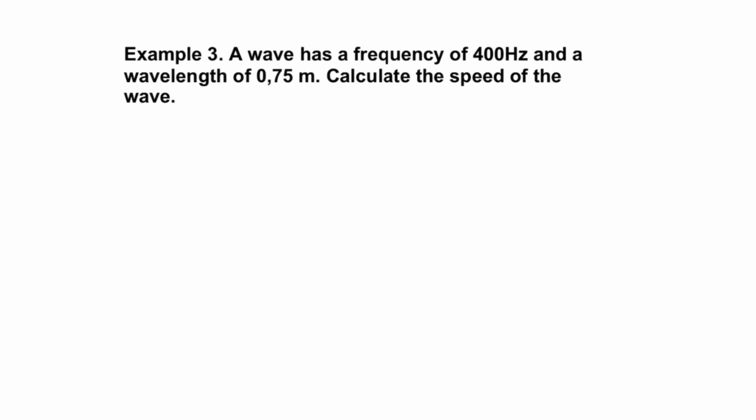So in example 3, a wave has a frequency of 400 hertz and a wavelength of 0.75 meters. Calculate the speed of the wave. Well, it's pretty much straightforward. Again, we have the frequency, we have the wavelength, we're looking for the wave speed.